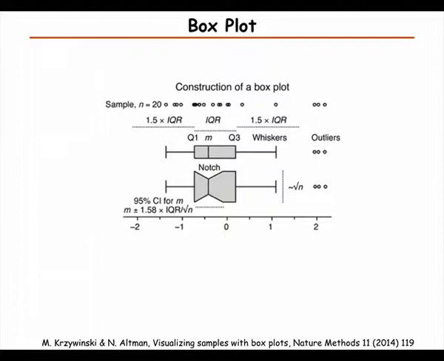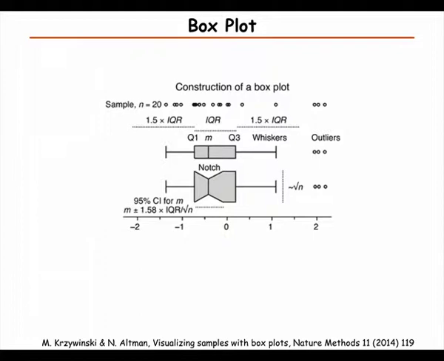And is this assuming multiple? So if you have one population and you're sampling multiple times from that population, you should use this notch as opposed to one sample from one population. No, I mean you can use the notch even for one sample.